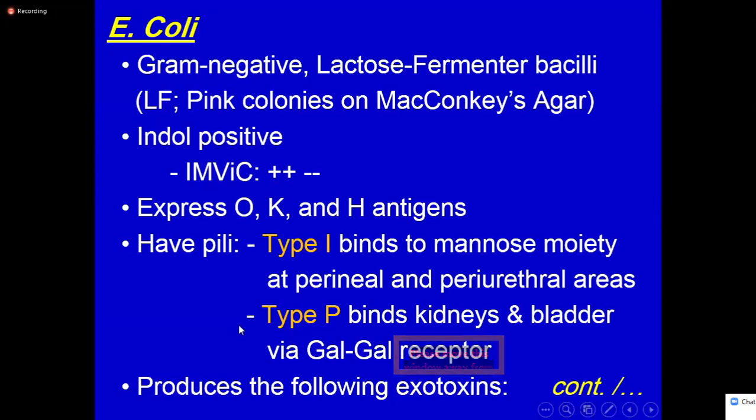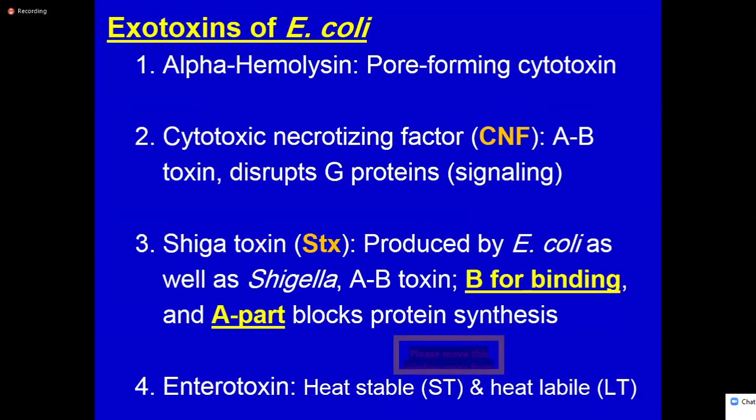And E. coli can produce the following cytotoxins or exotoxins in relation to UTI. Alpha hemolysin, which is a pore-forming cytotoxin; it makes holes, pores, in the cells. Cytotoxic necrotizing factor, remember this, CNF.